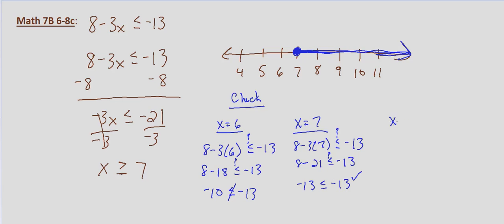And then we'll check x equals 8. We can use any value greater than 7. You could use 10, 20, 30, whatever you want to use, just to double check our solution. So I like to stay close to the value in question, where the inequality starts, which is going to be at 7.